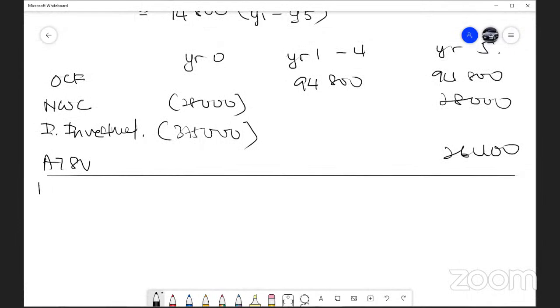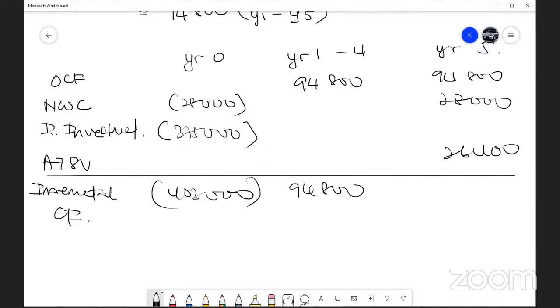Add these together, you get your incremental cash flow: negative 403,000, 94,800, and 149,200.